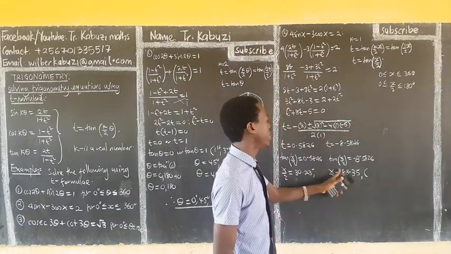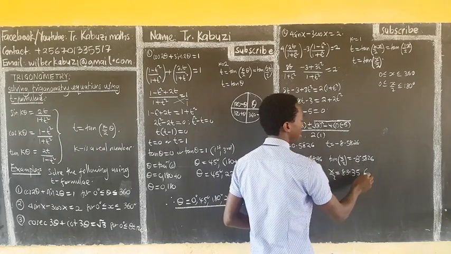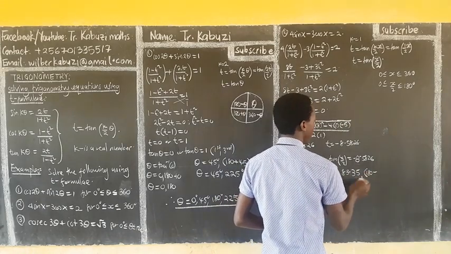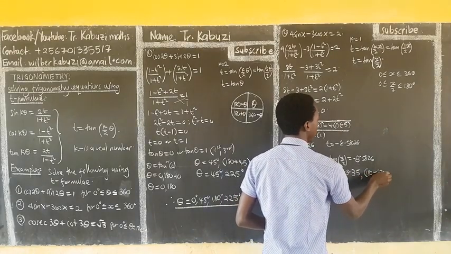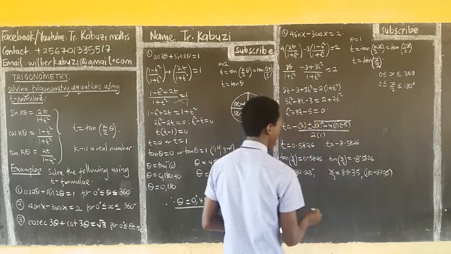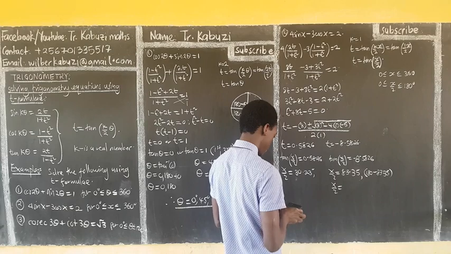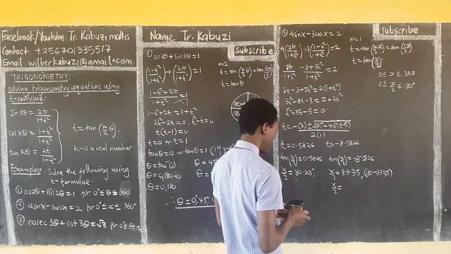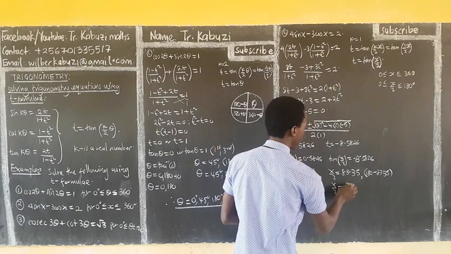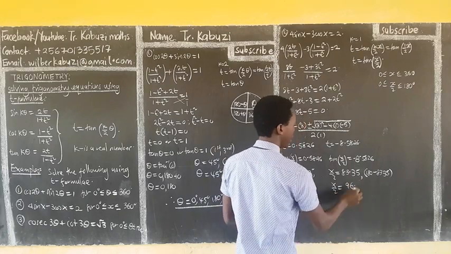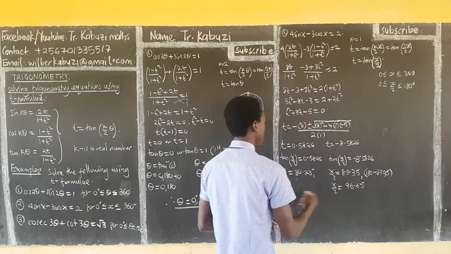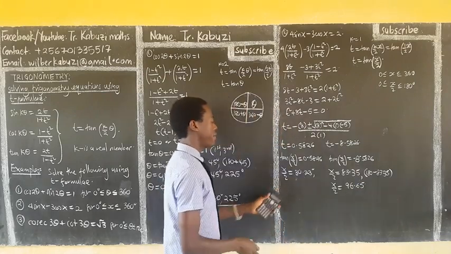That's why I'm computing for the second quadrant, which will be 180 minus this acute 83.35. So here, my x over 2 will be 96.65.